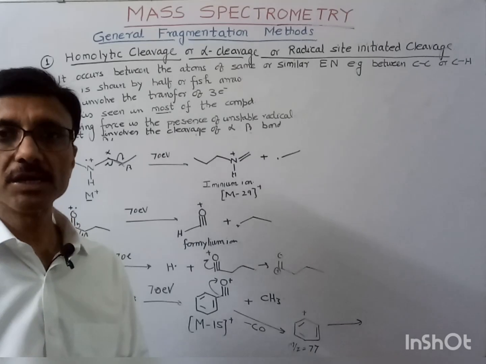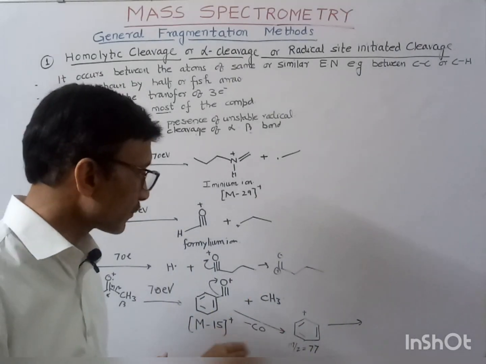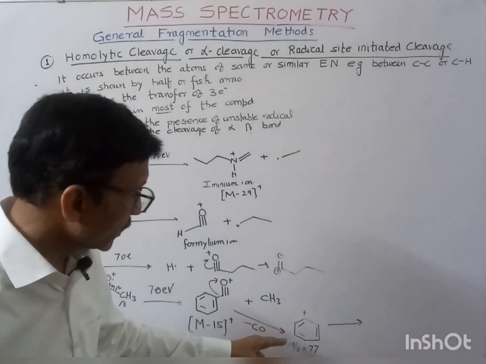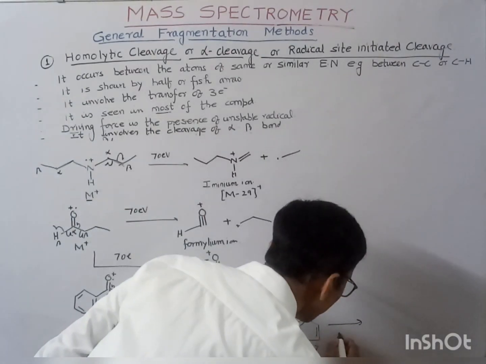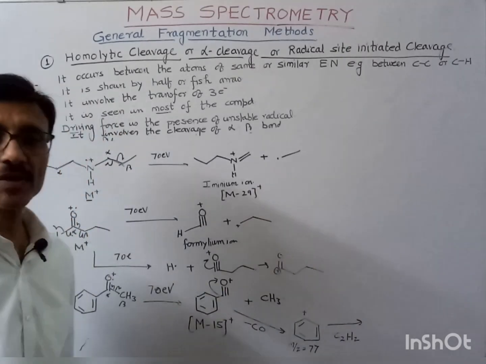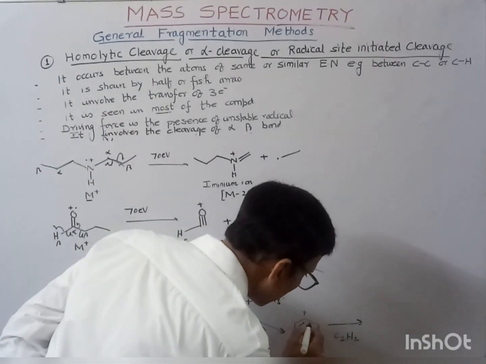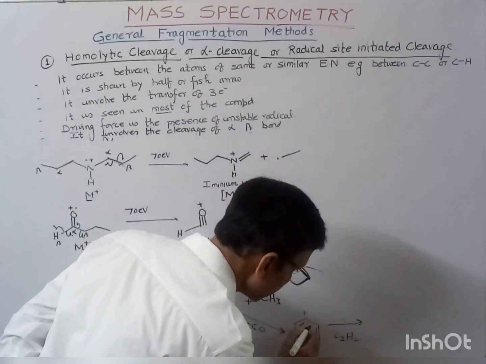Now this can again undergo cleavage. When we study different aromatic compounds, you will see that such cleavage in aromatic compounds is quite favorable. It can again undergo cleavage with the removal of C2H2, that is acetylene, which is again quite favorable, one of the gases. So this will form a 4-membered ring with the removal of acetylene gas.